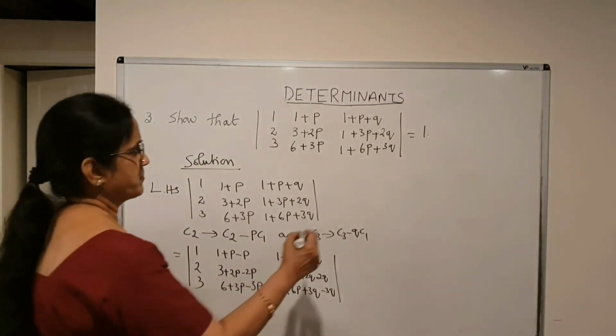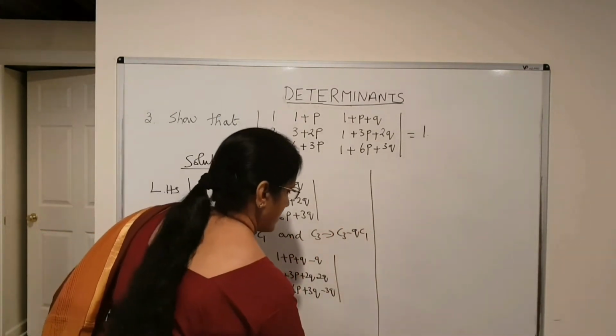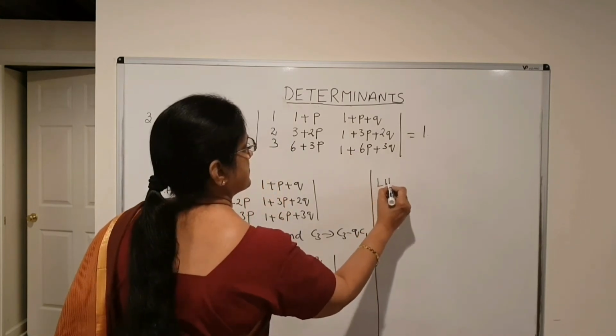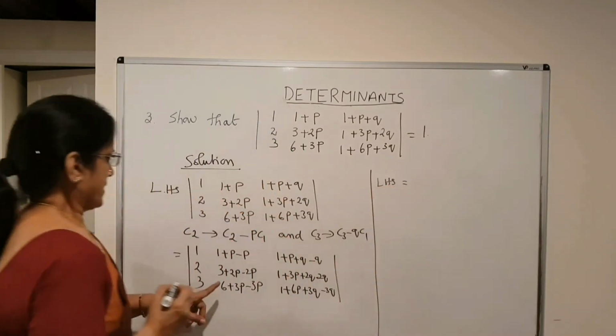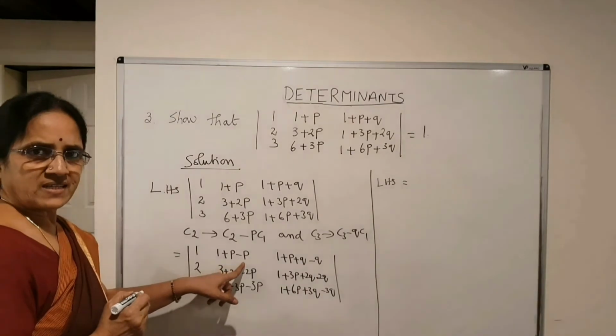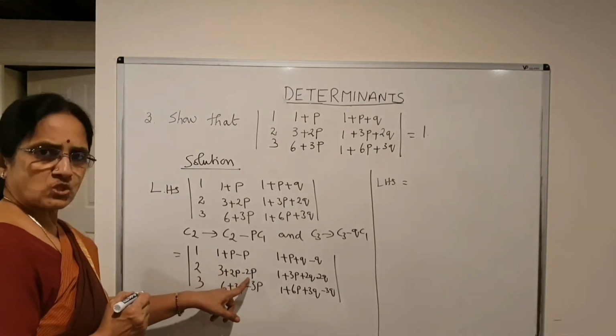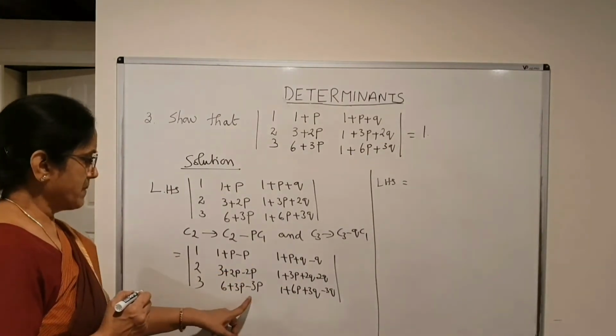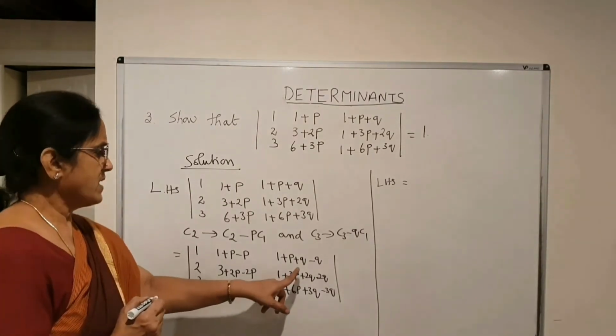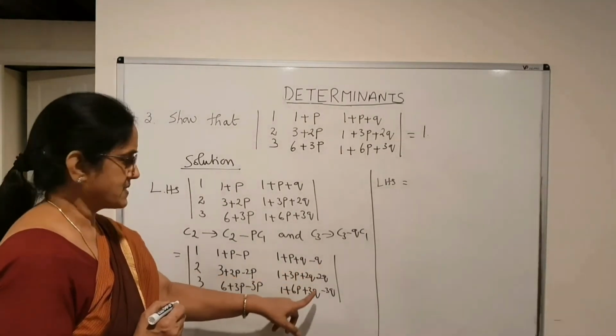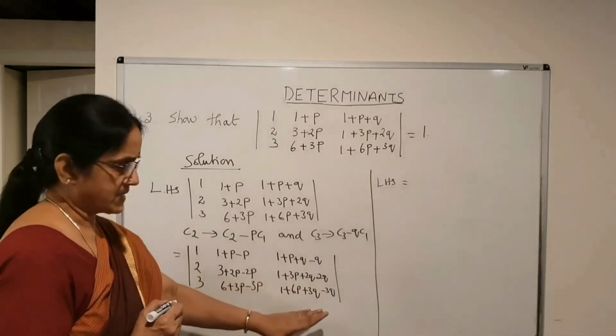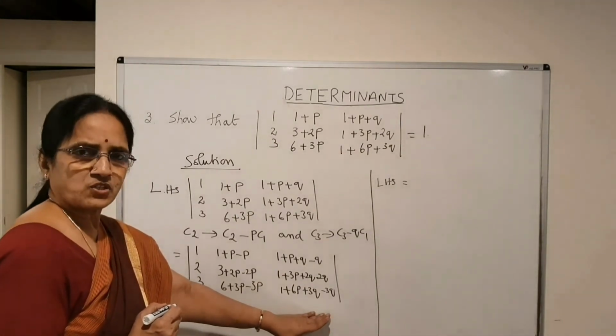Now this is nothing but, that is LHS equal to, plus P and minus P will get cancelled, 2P minus 2P will get cancelled, 3P minus 3P will get cancelled. Same way, Q minus Q, 2Q minus 2Q, as well as 3Q minus 3Q will get cancelled.